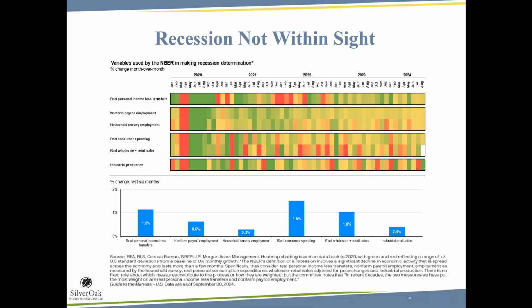Some of them have come down and are almost near zero, but unless the Federal Reserve is behind the curve with interest rate cuts, the most plausible scenario is a soft landing where growth just slows but stays positive. And it's not as though if one of these goes negative, they call a recession. Right. Typically, multiple of these have to go negative in order for them to call a recession.